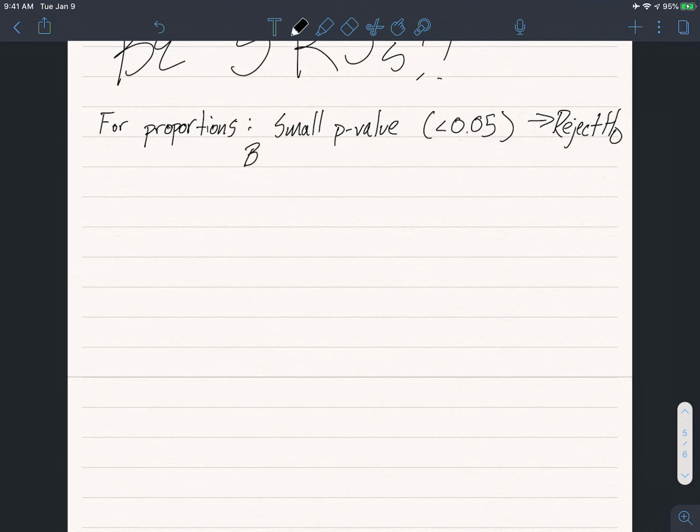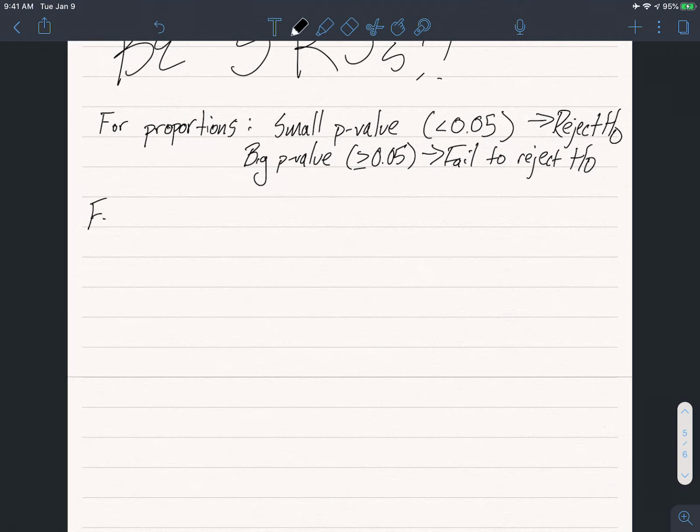And a bigger p-value, greater than 0.05, that led to failing to reject H0. So after the steps of proportions, you ended up with something called a p-value. When it was less than 0.05, you ended up rejecting. When it was bigger than 0.05 or equal to, you can actually throw that on there too, when it was greater than 0.05, you end up failing to reject.